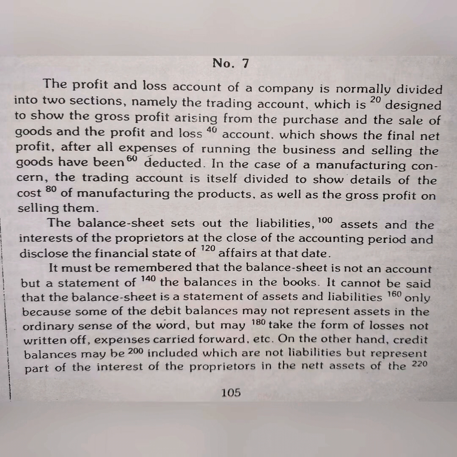Stop. In the case of a manufacturing concern, the trading account is itself divided to show details of the cost of manufacturing the products as well as the gross profit on selling them.